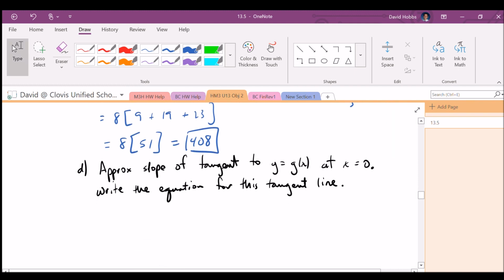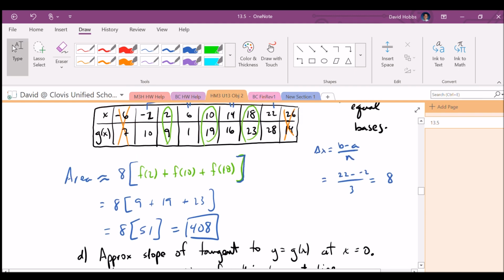Okay, finally, approximate the slope of the tangent to y equals g of x at x equals 0. Write the equation for this tangent line. Okay, we did practice on this on the first problem, so we're just going to do that real quick. Let's see, at x equals 0. X equals 0 is right in the middle between -2 and +2. And so we're going to use these 2 points right here, -2, 10 and 2, 9.